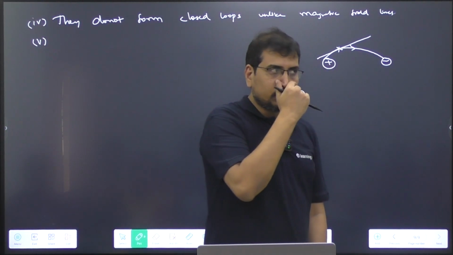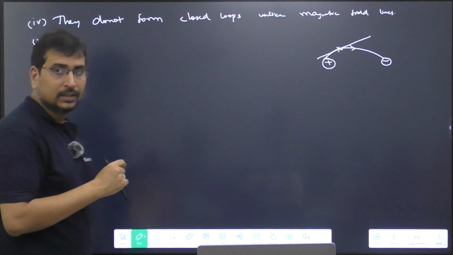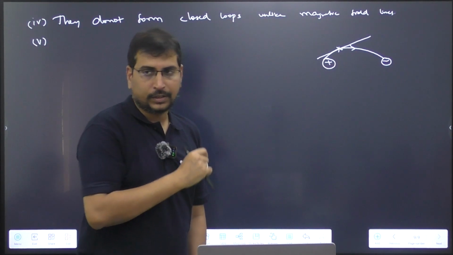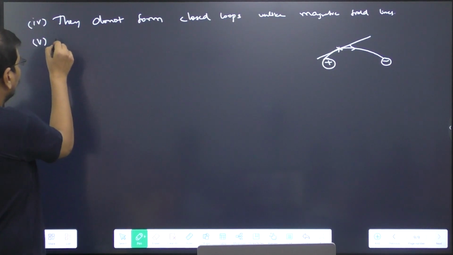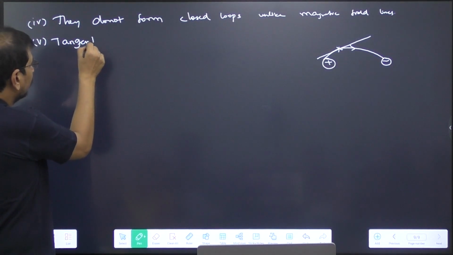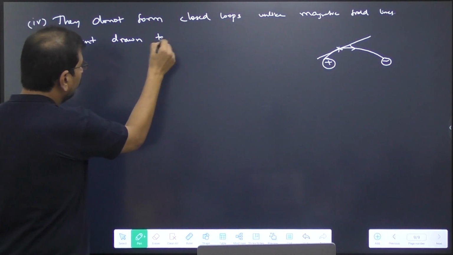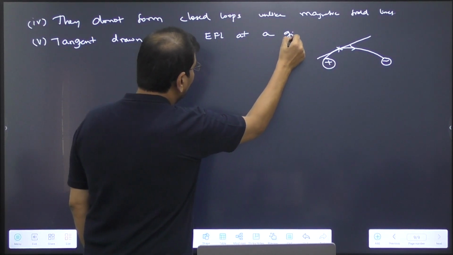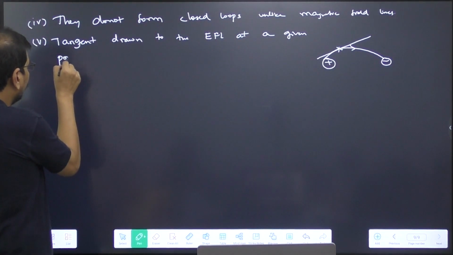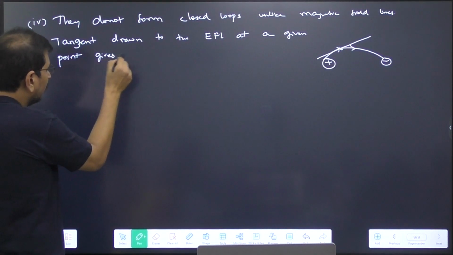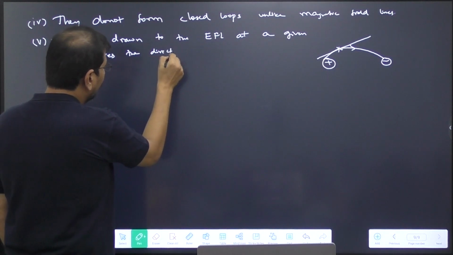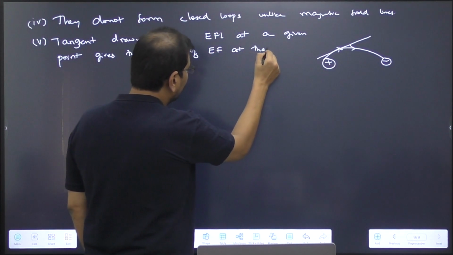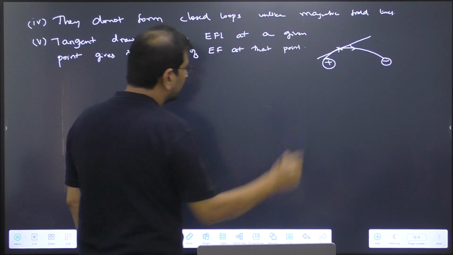So to consolidate, we can say the tangent drawn to the electric field line at a given point gives the direction of electric field at that point.